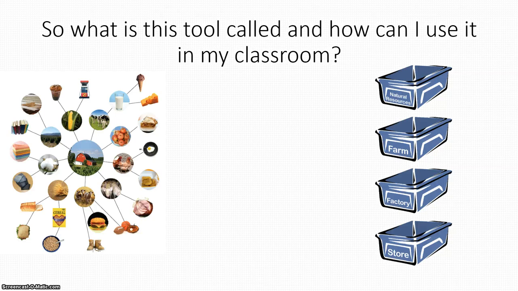Complete and incomplete sentences? What about history? Civil War leaders, Union versus Confederacy, continents versus countries, Native American civilizations and their attributes. This graphic organizer transcends subject areas, and you can use it just about anywhere. Those were only a few examples.